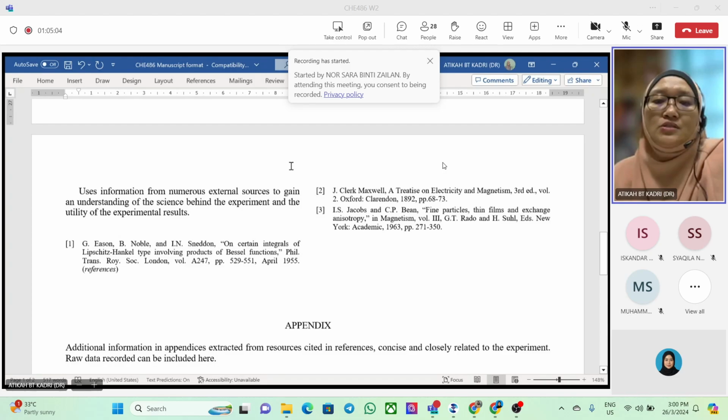Okay, so how do you write the reference? This is a format where you write the reference. One, this is the first name, this is the family name, this is a first name, this is a family name. First name, family name, and this is the title. This is the edition, this is the volume, this is the publisher, this is the year of publication, this is the page.